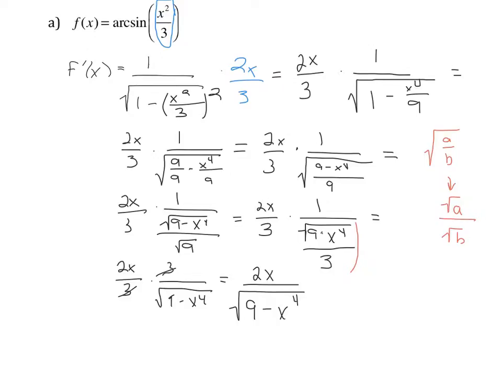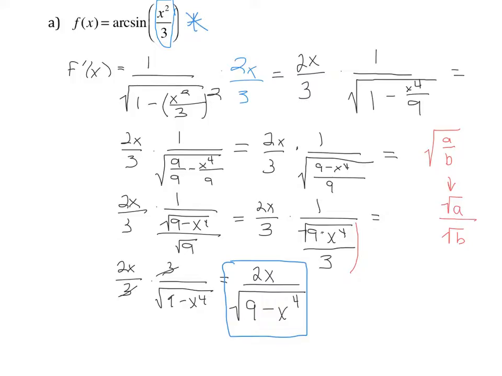All right, so let's see where everything came from, based on the original expression that we were working with. If you look back at the top, we have the x squared over 3. That was the stuff that was in our arcsine function. And notice that each of the pieces that we see in our final expression for f prime is related to what we saw back at the top.